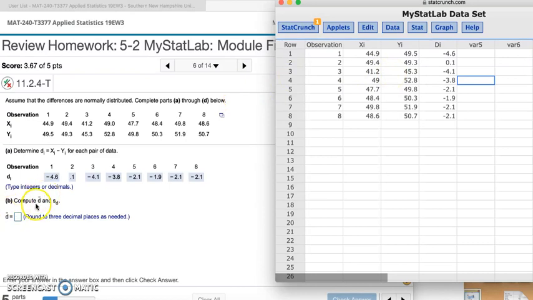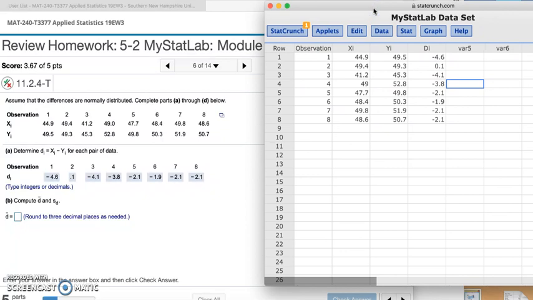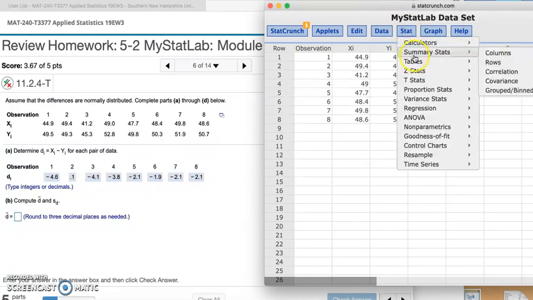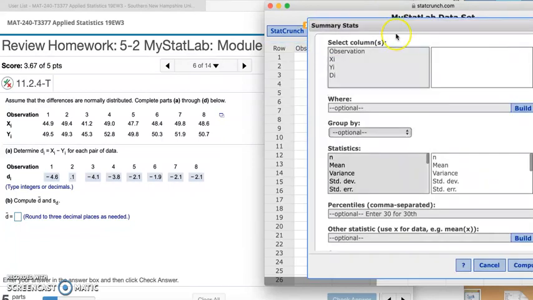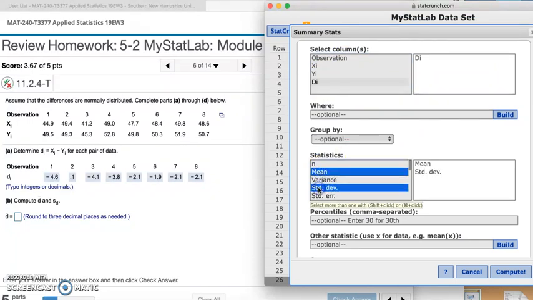So for part B, it says compute d bar and s sub d. So basically compute the mean of that difference and then compute the standard deviation. So remember back from way back in module 1 when we were looking for the mean and standard deviation, we go to Stat, Summary Stats, and Columns. We're looking for our di column, that difference column, and we want our mean and standard deviation.